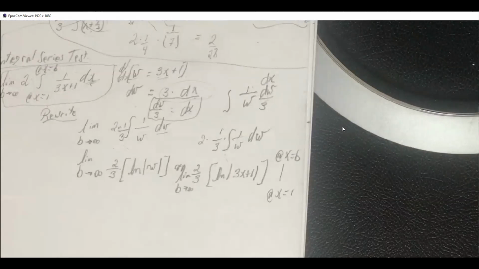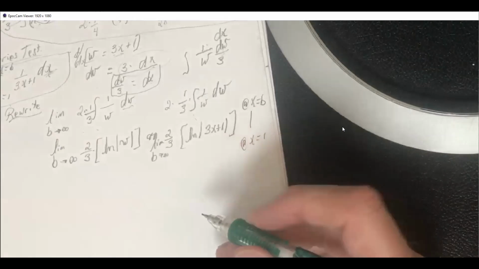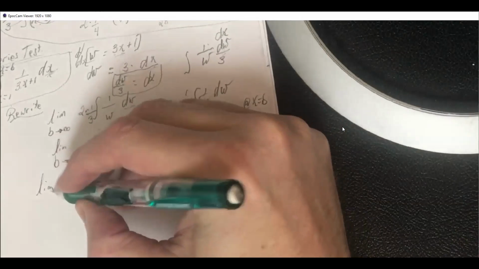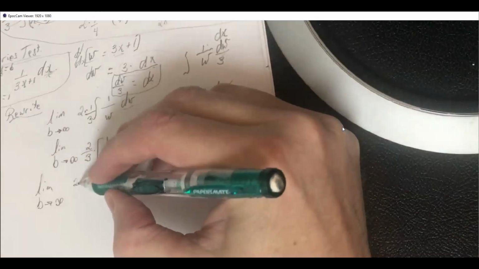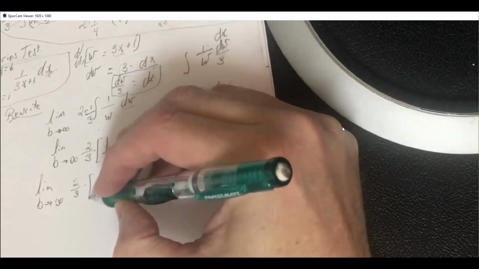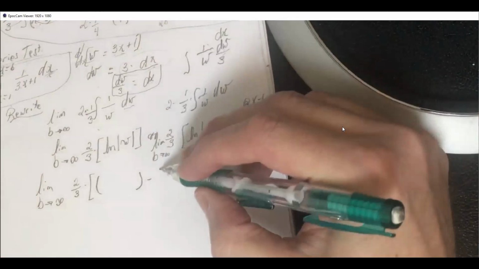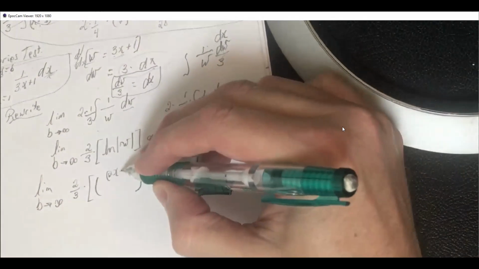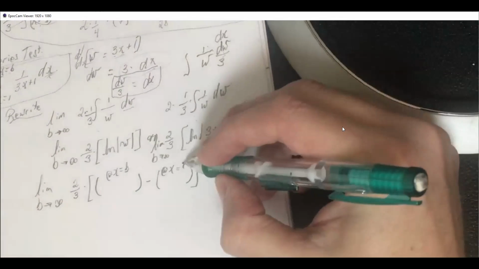Any questions here? No. So what do we do now? Now you're going to do the fundamental theorem of calculus, and take the limit. That'll be the last step. And then we input the upper limit of integration, x equals b, the lower limit of integration, x equals 1.